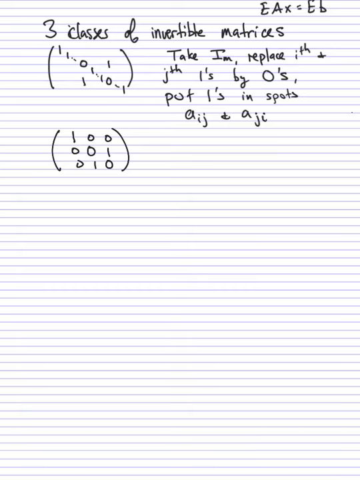So what does this do? On the level of matrix multiplication, this switches the ith and jth rows of A. One way to always check this is to see what this matrix does when you multiply it by the identity.